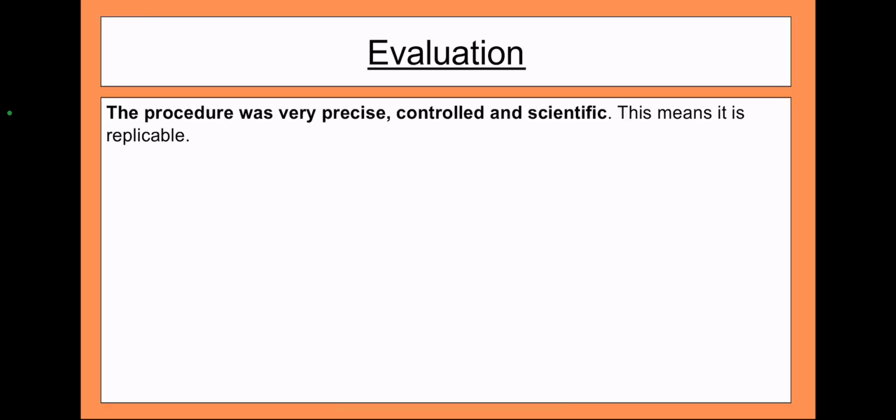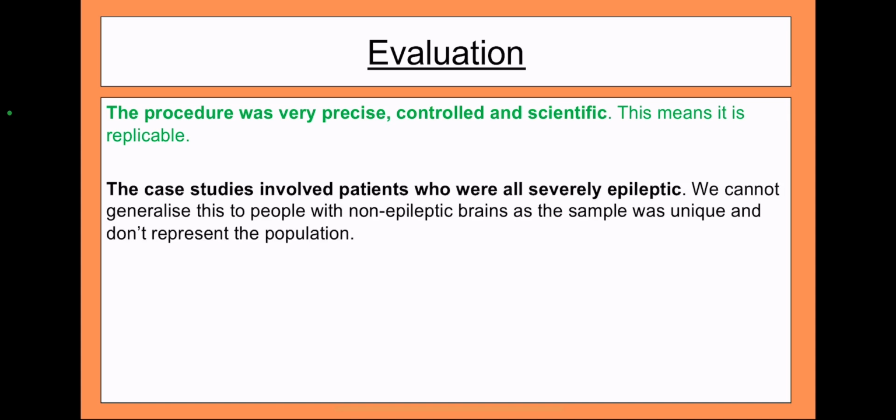In terms of evaluating the study, it's not too difficult. We can talk about the controlled scientific nature of brain surgery, which is highly controlled, which means it can be repeated and is reliable. This is true because he did these case studies about 1,000 times and got the same results for the cortex areas every time. As it's case studies on epileptic patients, we have a bit of a generalization problem.